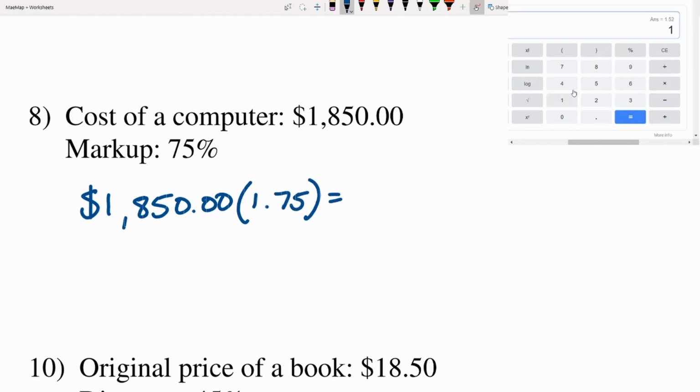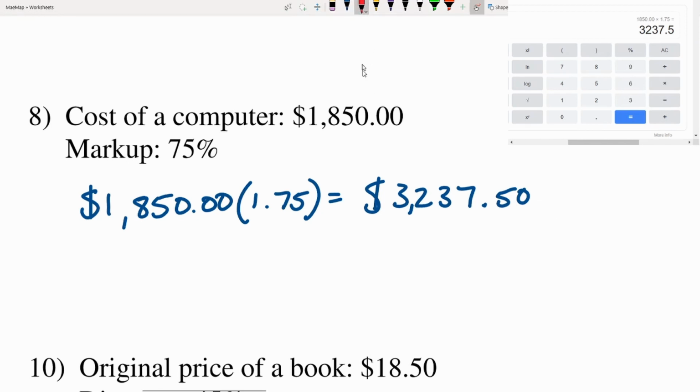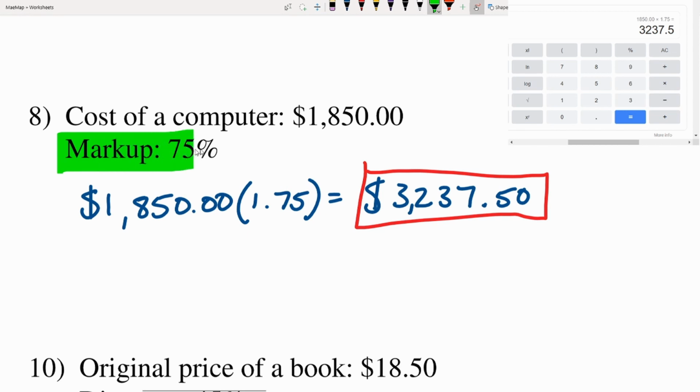Let's go to our calculator. $1,850 multiplied by 1.75 will give me $3,237.50. And again, that was with a 75% markup.